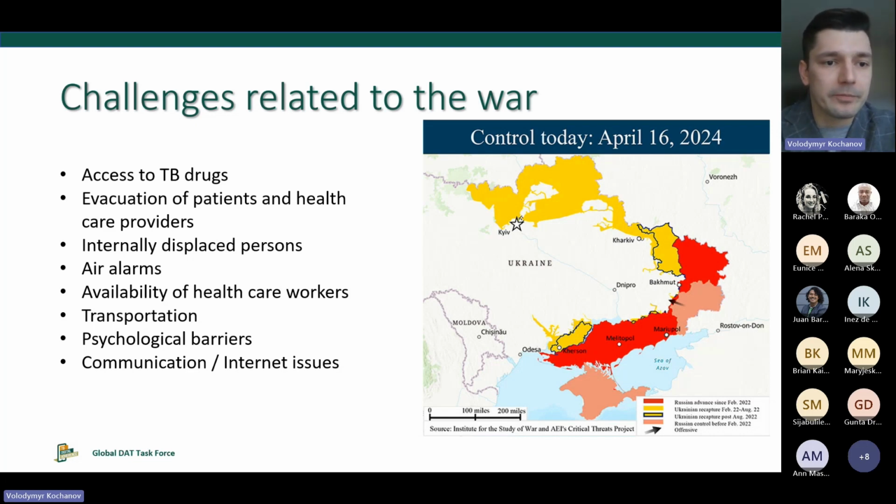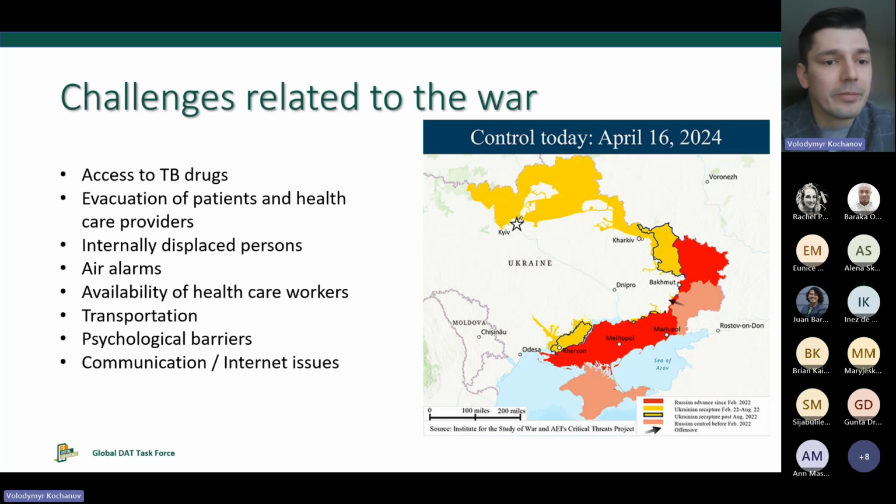Now we have large number of internally displaced persons. We have air alarms happening regularly. Sometimes they are just alarms, and sometimes we have missile attacks throughout the whole territory of the country.